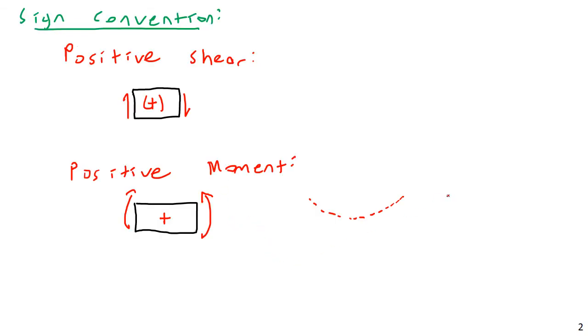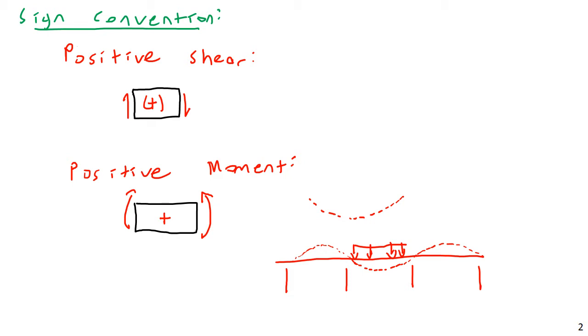I have a whole bunch of columns, I put a single beam on top, and I load it with a distributed load in the middle. Let's look at how this is going to bend. This part is going to go into positive bending, but these parts are going to go into negative bending. So especially in continuous beams, it's very easy to get negative bending.